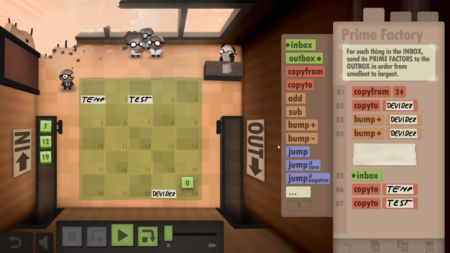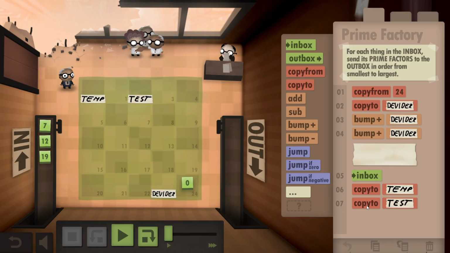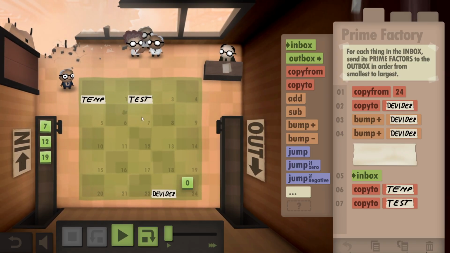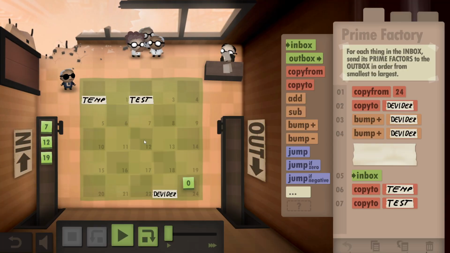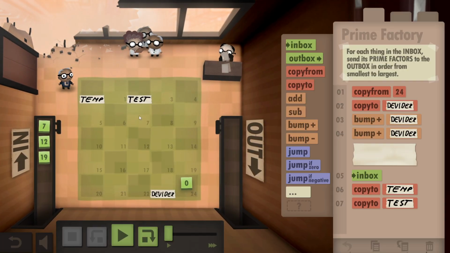So, copy to test. I'm gonna do 7 to make the same. Actually, I should make it here. So we do that here. Because we need how many times, right?